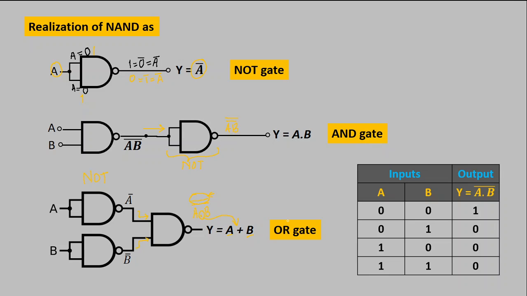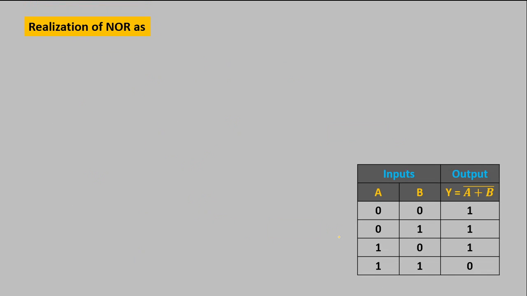So in this way, the NAND gate alone can be used to create the logic of NOT gate, AND gate and OR gate, right? Therefore the NAND gate is called a universal gate. Similarly, there is a NOR gate also, which is called a universal gate. Let us see in the same fashion how NOR can be used to create the logic of NOT, OR and AND.